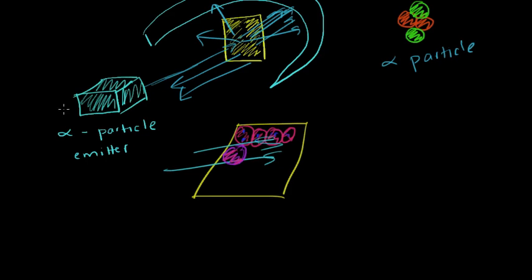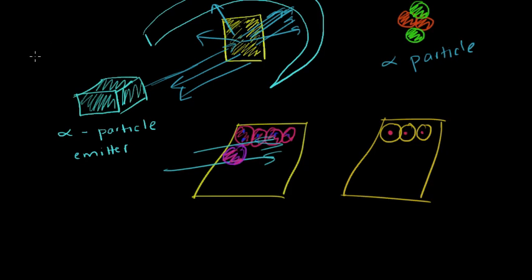The way Rutherford reconciled his results with the current atomic knowledge of the day was to propose a new model of the atom, and his model was known as the nuclear model, and was something like this. Rather than having all the mass of the atom sort of splayed in this positive charge cloud, he proposed that almost all of the atom's mass, as well as its positive charge, was concentrated in the center, in a really, really small region called the nucleus.